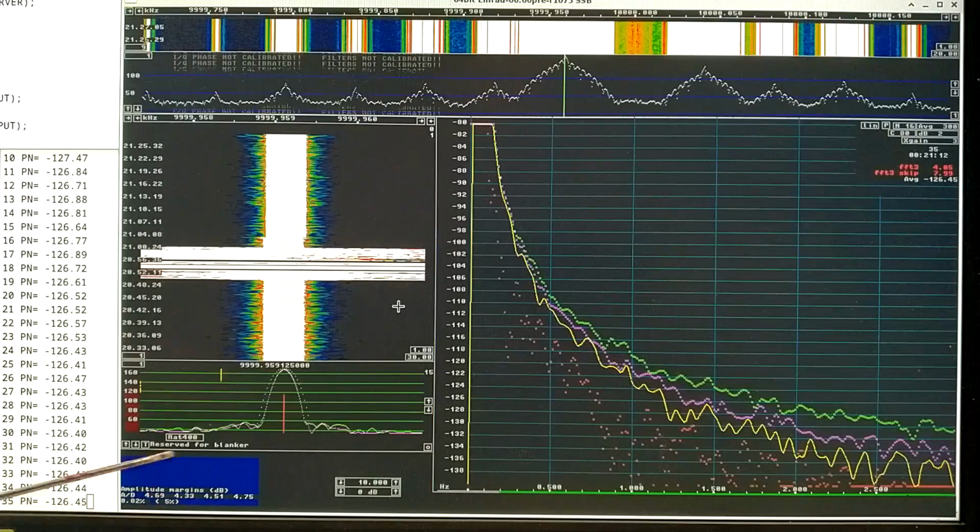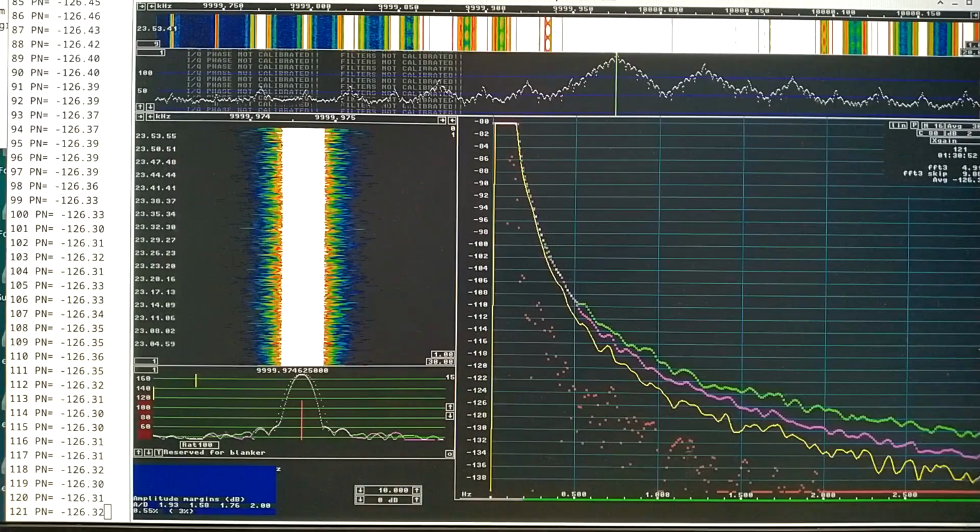Means that the power is reduced from 18 to 15.25 dBm. But the average sideband noise is still 126.5. So this was not the important thing.